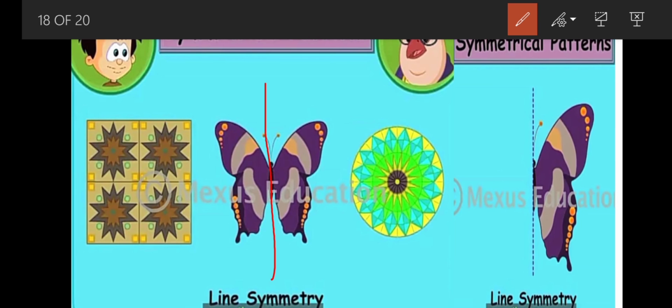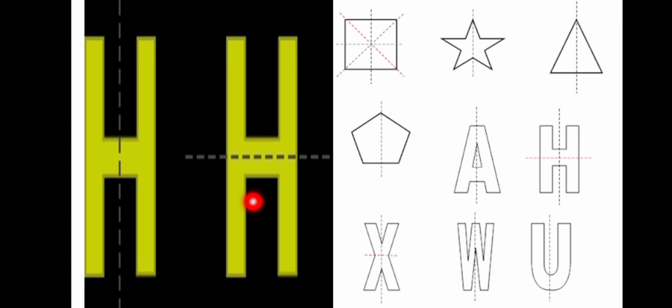This line may be vertical or horizontal, or you can say the line of symmetry divides the picture into mirror images. Here the letter H is given.